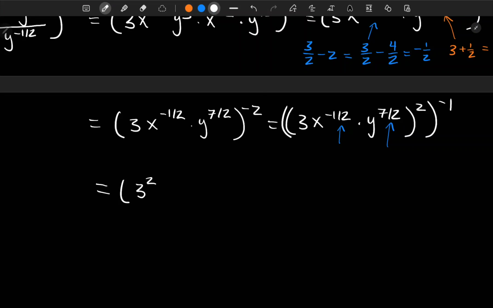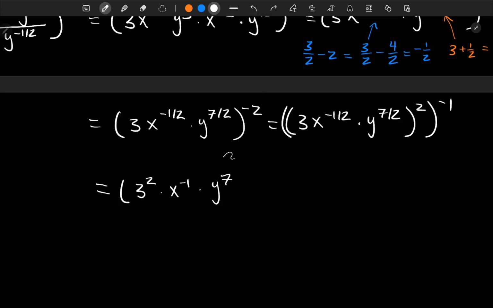And then it's 3 squared times x to the negative 1 times y to the 7th. So we just notice that these 2's here and here are taken away by the exponent 2.